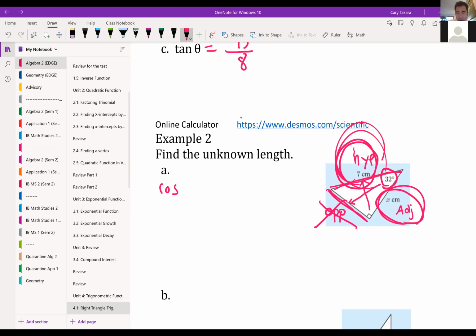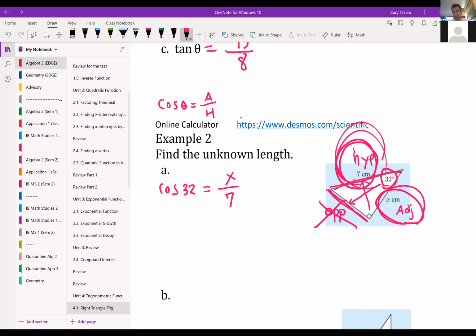Cosine of theta, which is angle measurement, 32, is equal to, it's cosine, so it's the A in CAH. So it will be adjacent x over 7. Okay, and then we're going to solve for x.